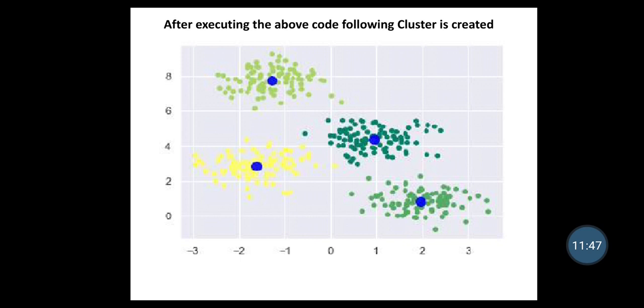You can see in this slide the x-axis and y-axis as defined in our code. The blobs are created, and you can notice that the blue points are defining the clusters as per the values in the code.